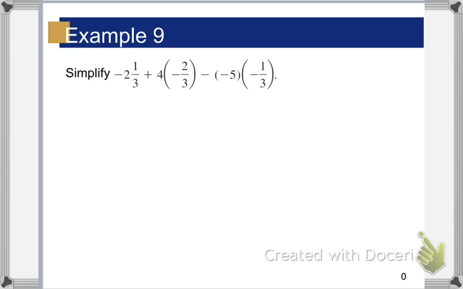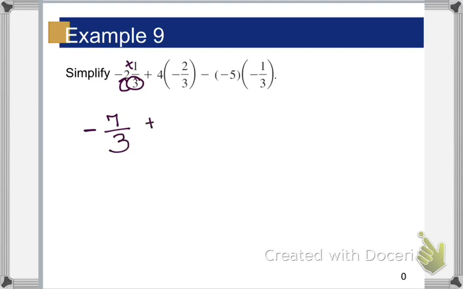It's just going to be easier for us to deal with. So it's negative, so I'm going to keep it negative. Then I am going to take my 3 and multiply it times the 2. What's 3 times 2? 6. Then I am going to add 1 to it. 7. So I have negative 7 over 3.